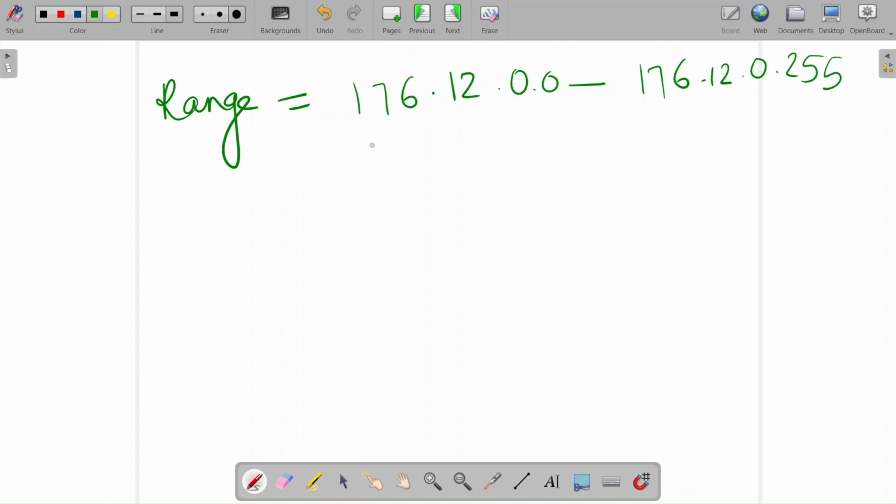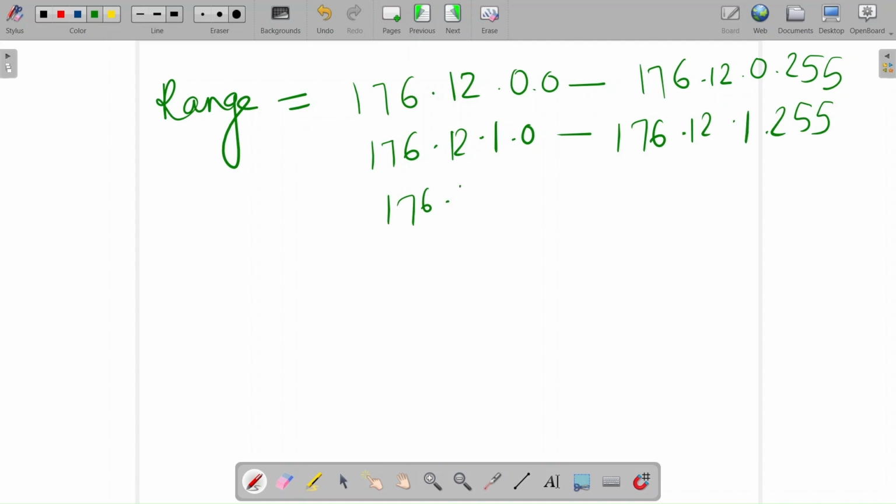Similarly, here it will be 176.12.1.0 to 176.12.1.255. Then 176.12.2.0. I'm just writing it out because this question might seem a little confusing, and so on and so forth. Now I think we've got it. Okay, explanation time.